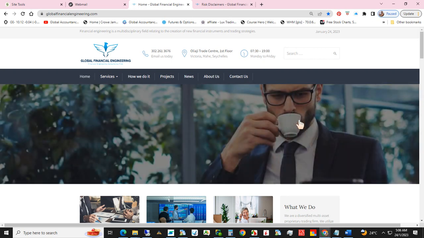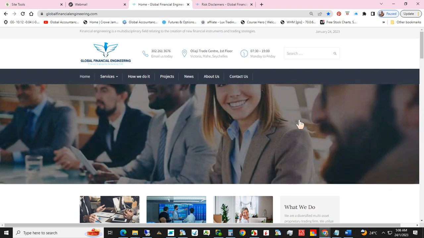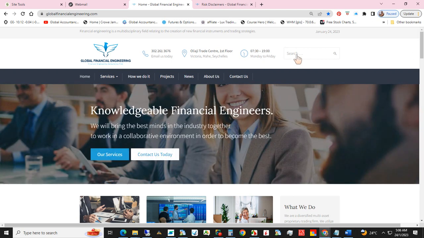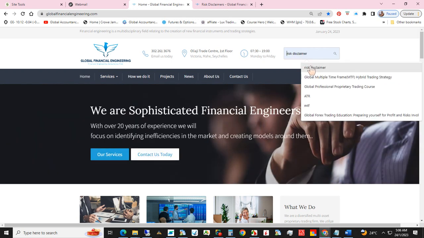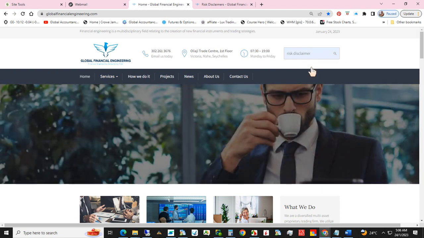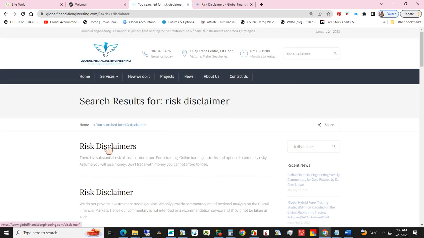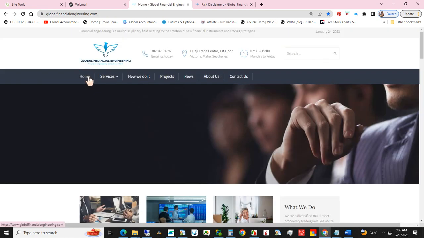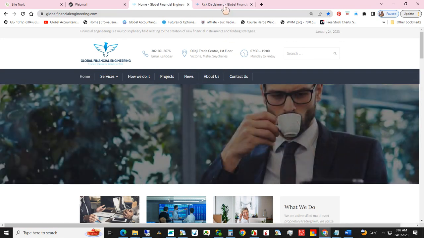Also, for those who want a clear guide where to locate the risk warning, you can go to our search and select risk warning. When you do that, you will see the search result. You click on this risk warning and the page will appear. So yes, you can go to the source where we update these risk warnings on a regular basis. So let me put that on screen.